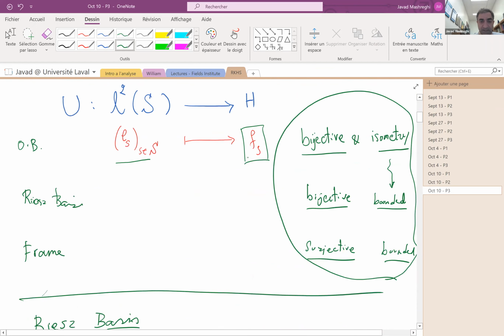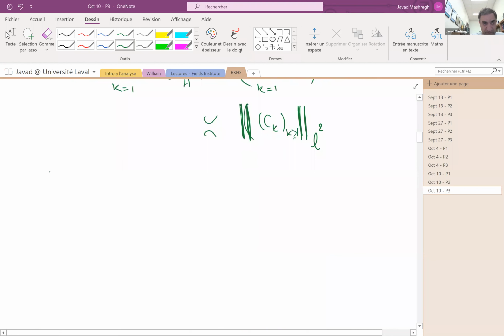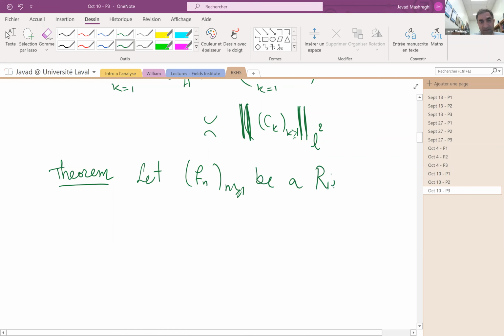The difference here is that, so the theorem for the Riesz basis said: let Fn be a Riesz basis. That's the most important theorem about Riesz spaces in Hilbert spaces.